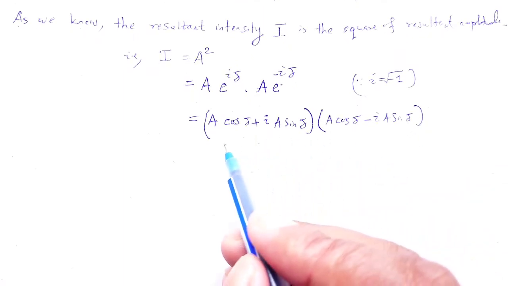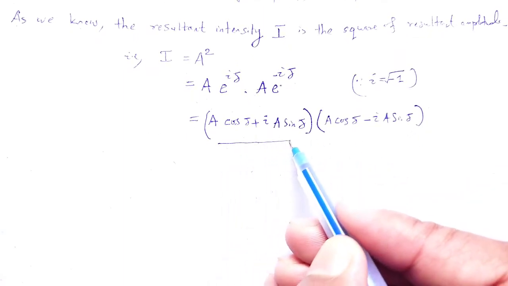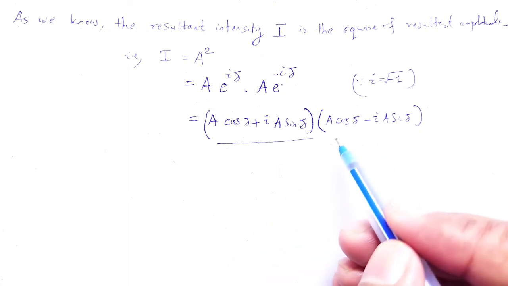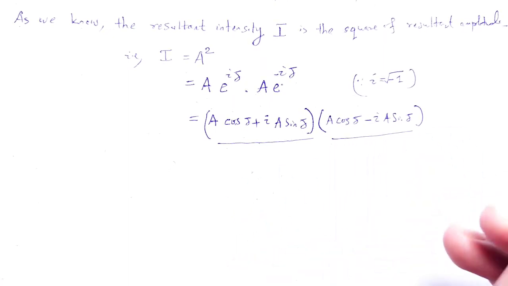Let us evaluate the terms A cos delta plus iA sin delta, A cos delta minus iA sin delta.